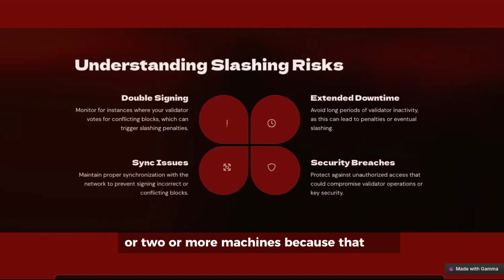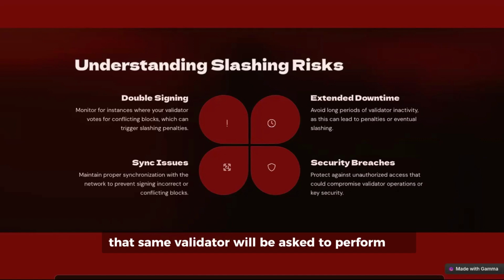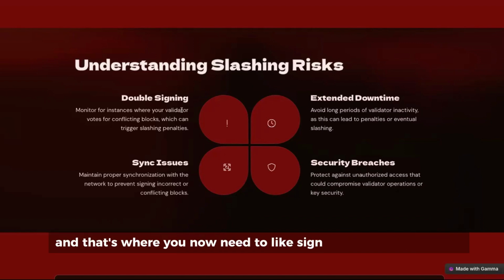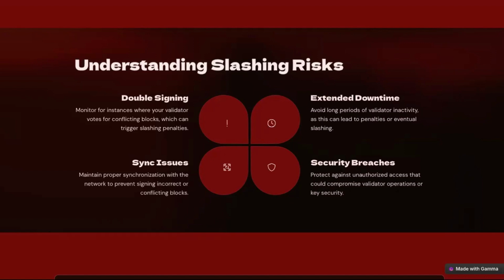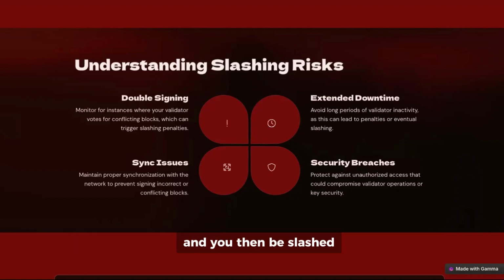If the same validator key is participating in the network, there is a tendency that the validator will be asked to sign a transaction twice. That's where the concept of double signing comes in, and you will then be slashed.